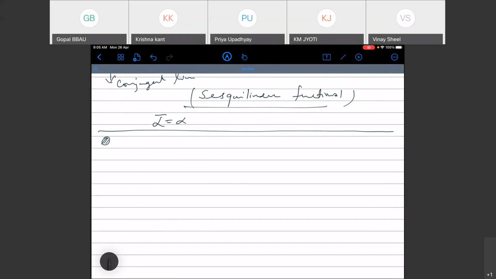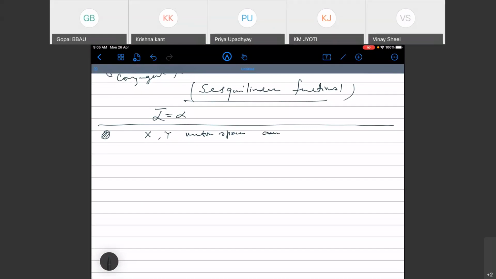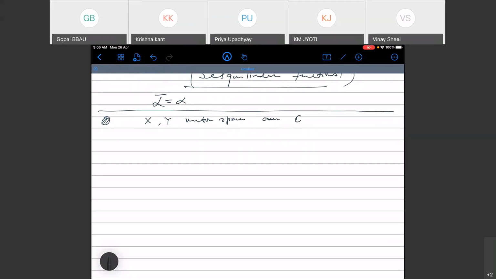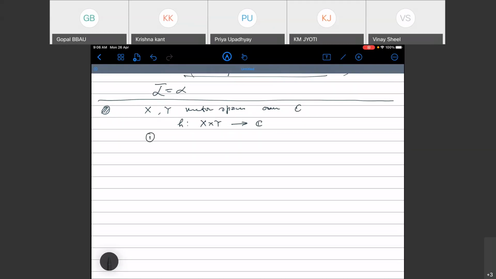We have two vector spaces x and y over the same field, say C. A sesquilinear functional h from x cross y to C. So this is a functional. It is sesquilinear if, number one, h is linear in the first coordinate.